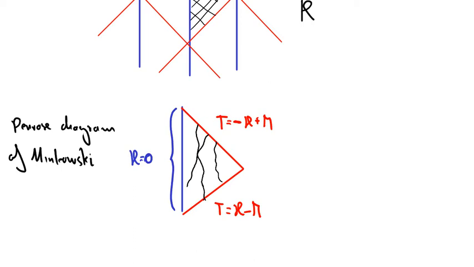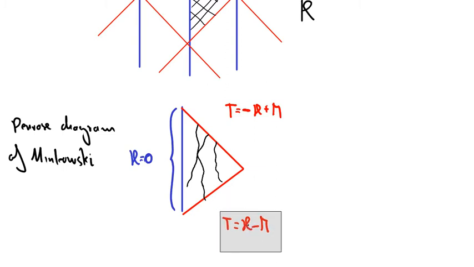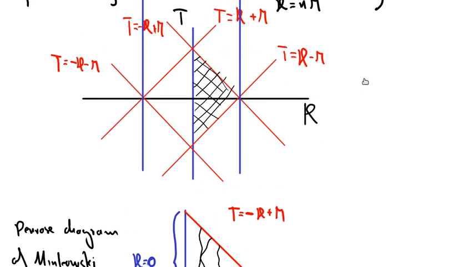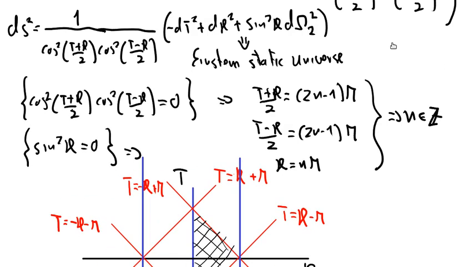This was discussed in the lecture about the conformal compactification of Minkowski, where we explained what this red boundary is, but we can just see it here.